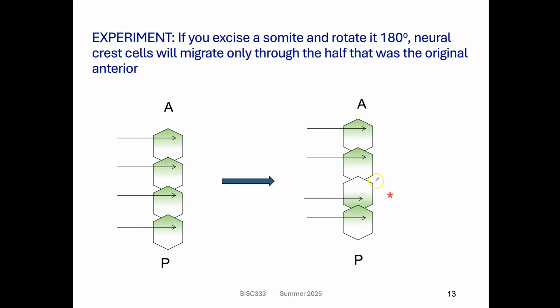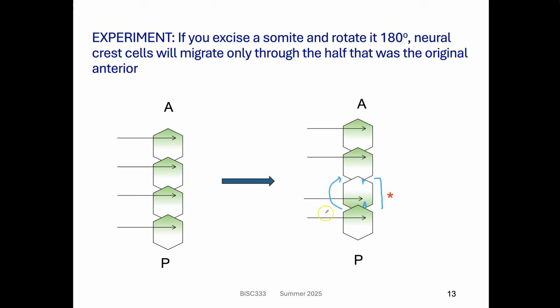But if you do an experiment where you very carefully excise one of the somites and then you rotate it 180 degrees so that the anterior and posterior are reversed relative to the other somites, and then you allow the embryo to heal. Embryos have an amazing ability to heal from this kind of damage, and embryonic tissue that's damaged, when it heals, there's never scars, which is really interesting.